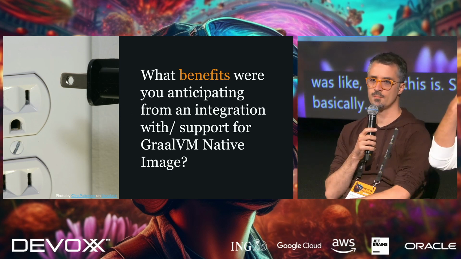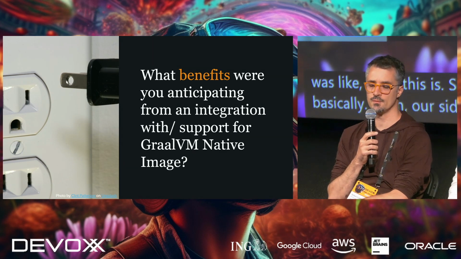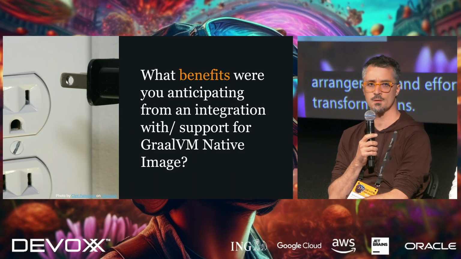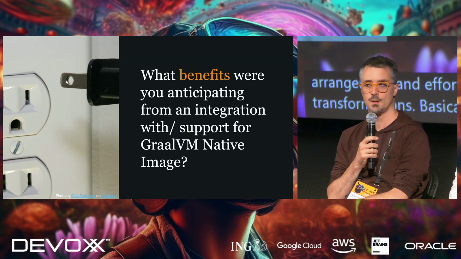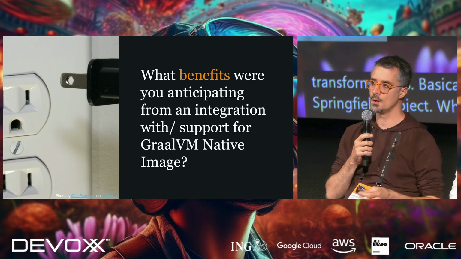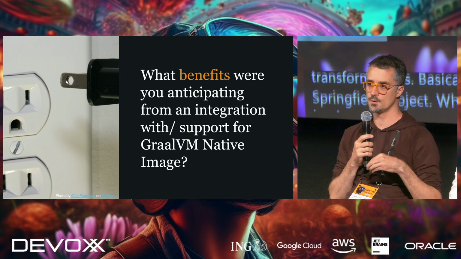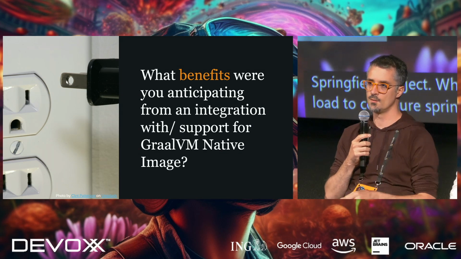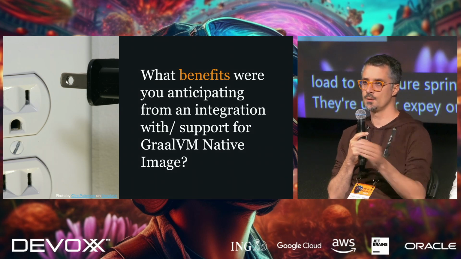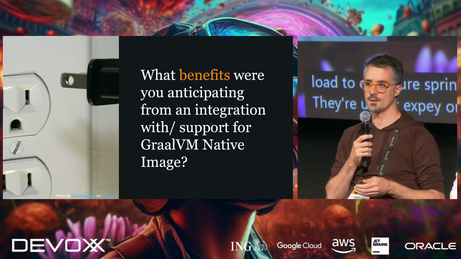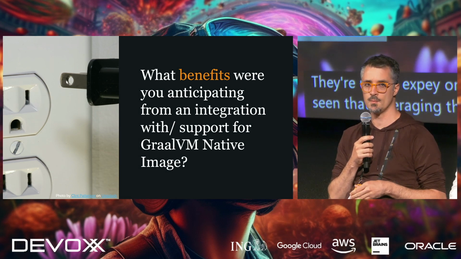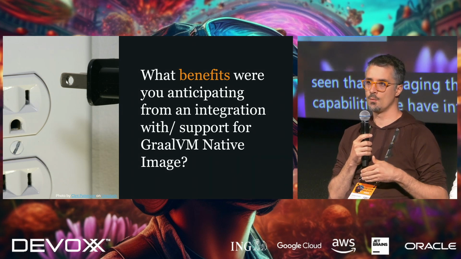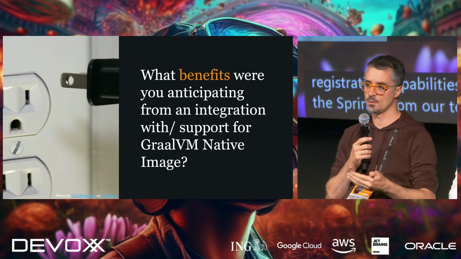On our side, we have put very significant R&D effort into Spring ahead-of-time transformations. A few years ago, I created the Spring Fu project, which had two goals: to allow configuring a Spring Boot application with a nice Kotlin or Java DSL, which is the developer experience part, and to leverage the functional bean registration capabilities we introduced with Jürgen and the Spring Framework team to start faster and be more efficient.